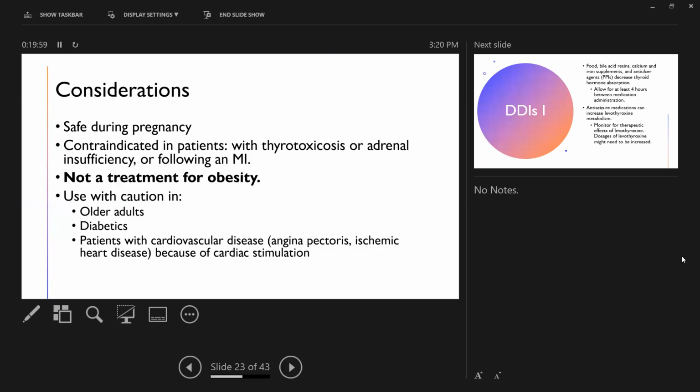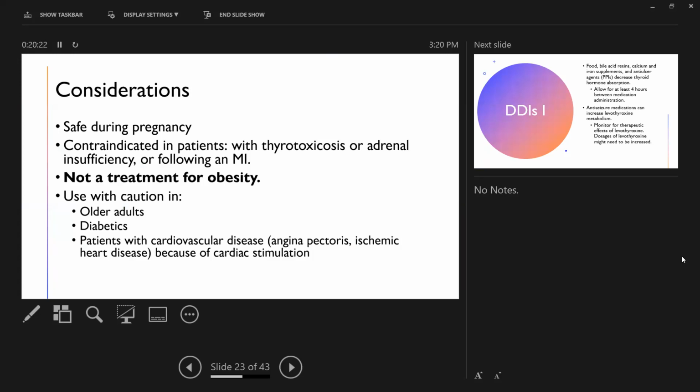Levothyroxine is safe during pregnancy. It's contraindicated in patients with thyrotoxicosis or adrenal insufficiency or immediately following a heart attack. Unlike what you read on the web, this is not a treatment for obesity.